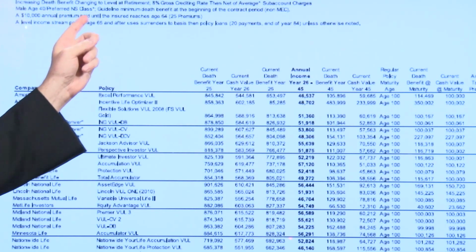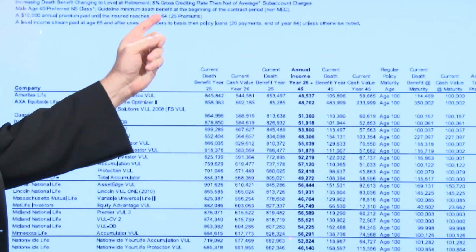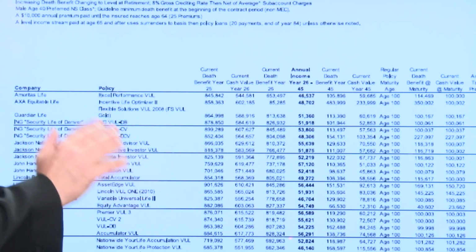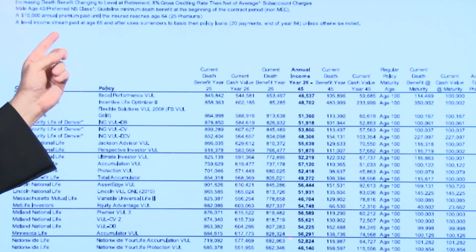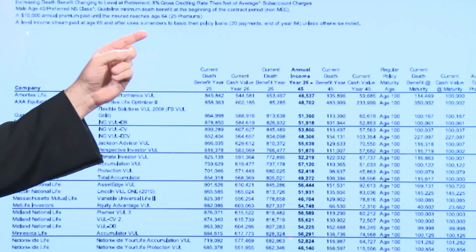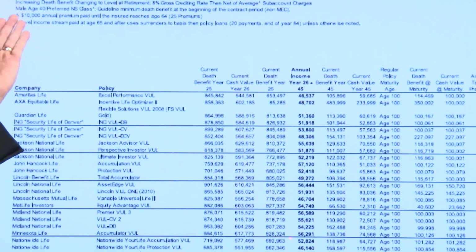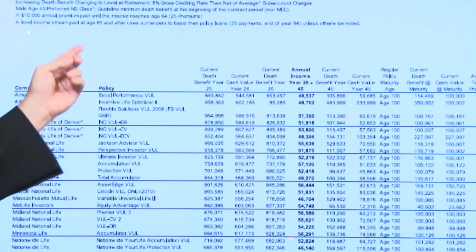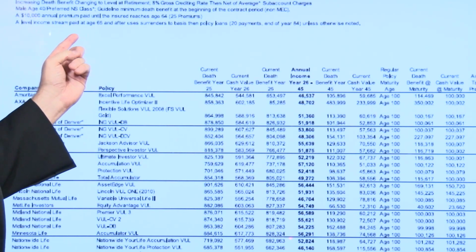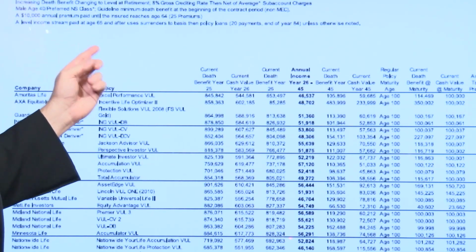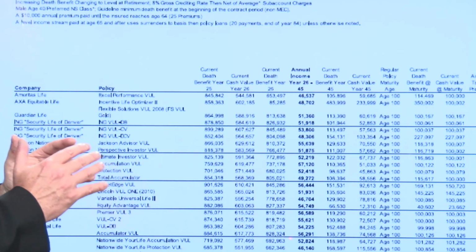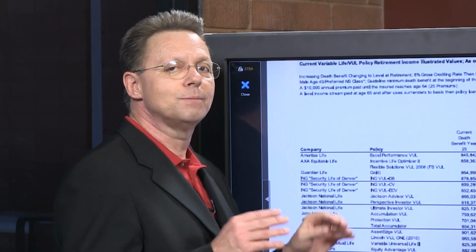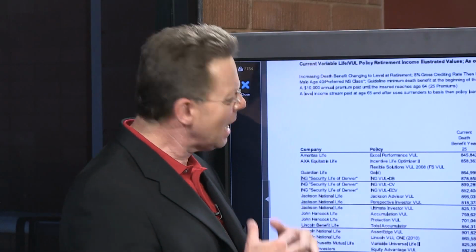We're using the guideline minimum death benefit at the beginning of the contract period, or non-MEC, and we're using a $10,000 annual premium paid until the insured reaches 64, 25 premiums, and then a level death benefit income stream from age 65 all the way out. We're using first basis and then loans, and we're making 20 payments to age 84, which is what they're targeting as basic life expectancy. So it kind of gives you an idea.